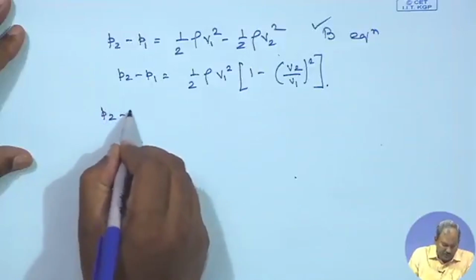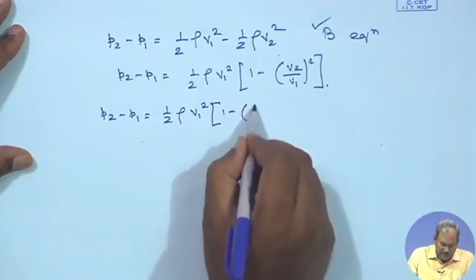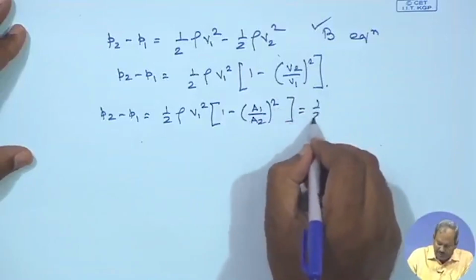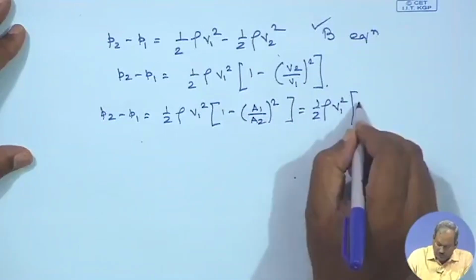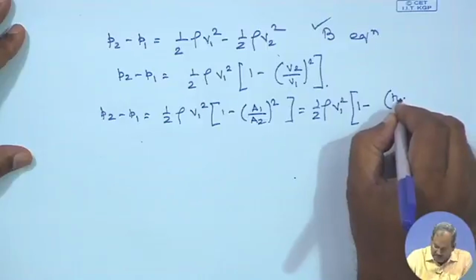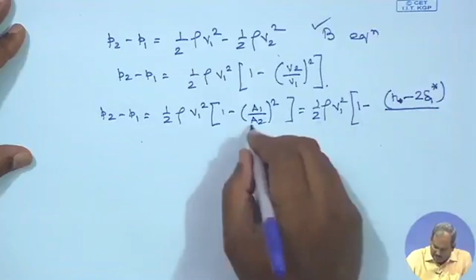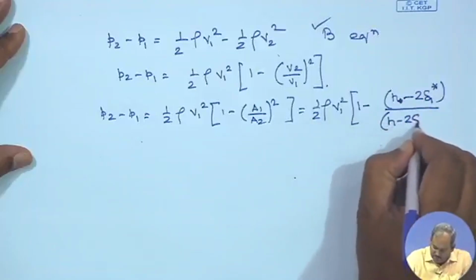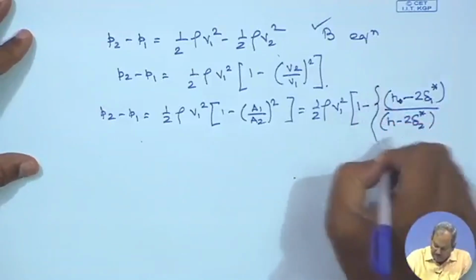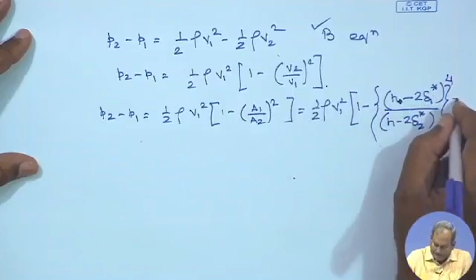Again, P2 minus P1 would be half rho V1 square (1 minus (A1 by A2) whole square). This is from the equation of continuity. So, this can be written as half rho V1 square (1 minus ((H minus 2 delta 1 star) by (H minus 2 delta 2 star)) to the power 4), since A1 would be H minus 2 delta 1 star and A2 would be H minus 2 delta 2 star.